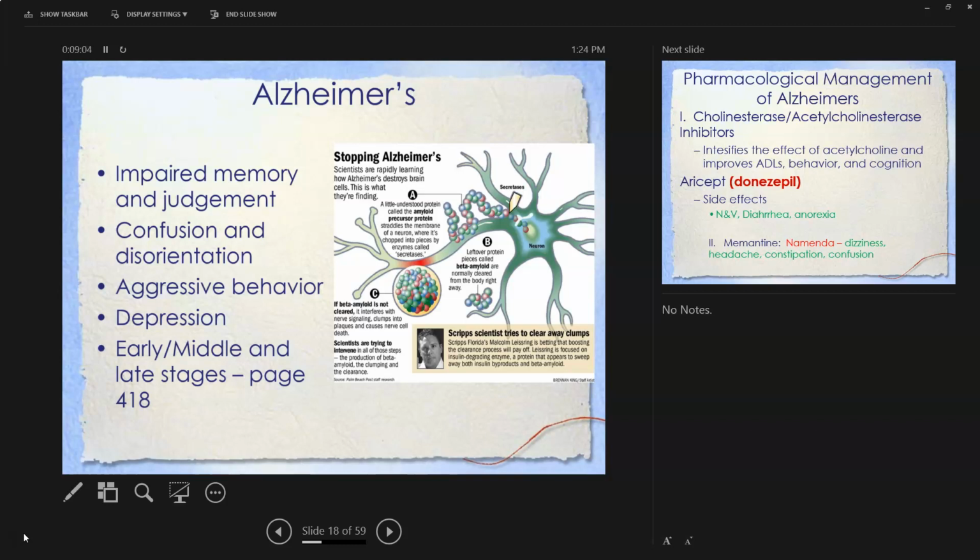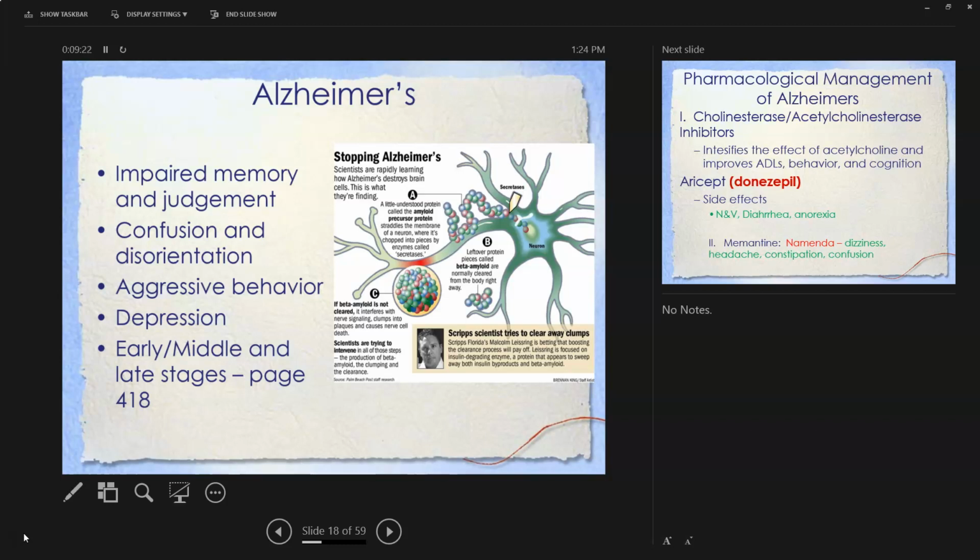I remember an early patient of mine who didn't know what a hairbrush was, and that was my first experience as a new nurse. I just didn't really understand Alzheimer's like we do nowadays, but she didn't even recognize what a hairbrush was.